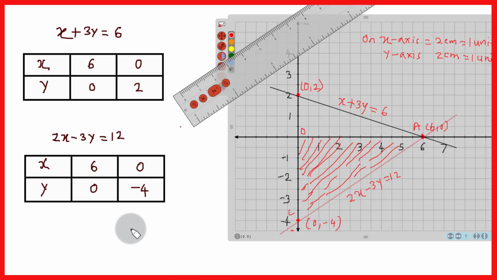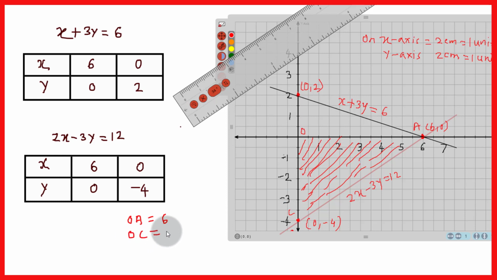So here you will see that OA is equal to 6 units, and this OB is 4 units. This is 1, 2, 3 and 4. Neglect the negative signs because it is the distance.